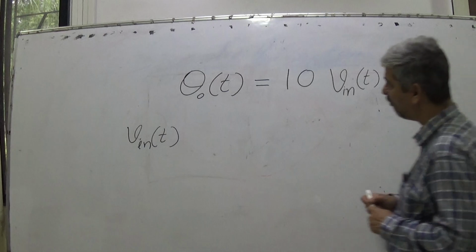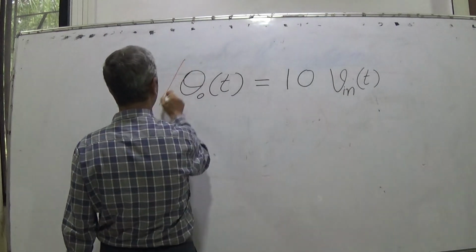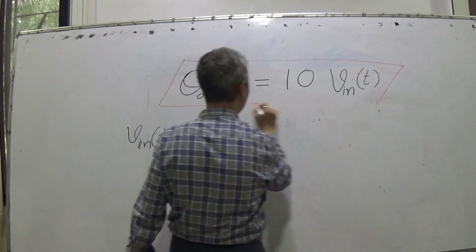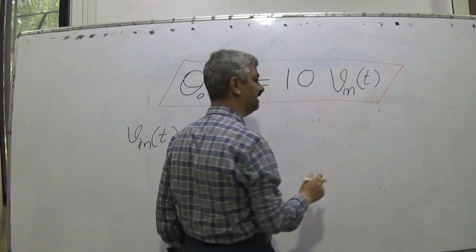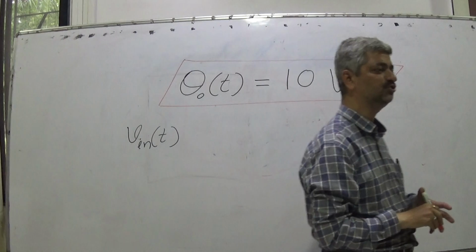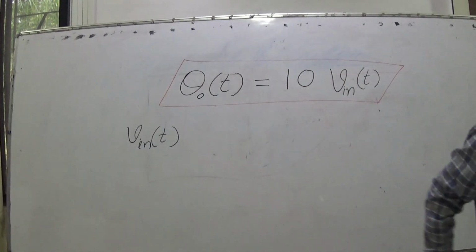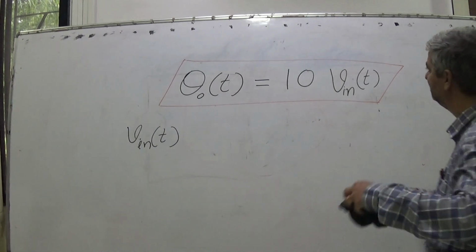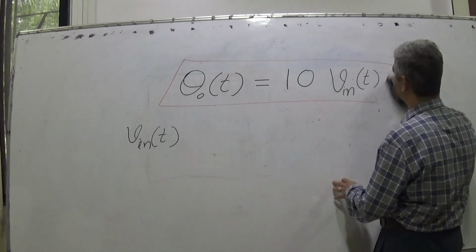So theta O T is equal to 10 V in T, where input voltage signal is in units of volts and output deflection angle signal is in terms of degrees. This is the system equation.